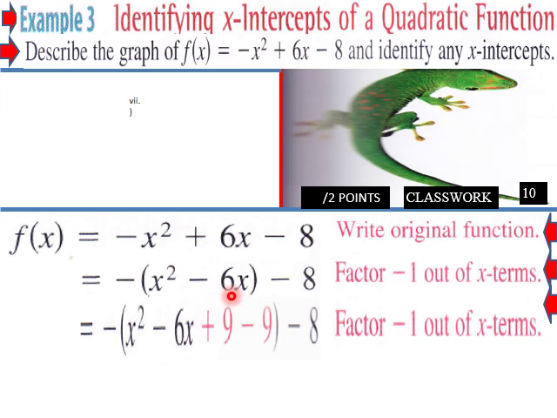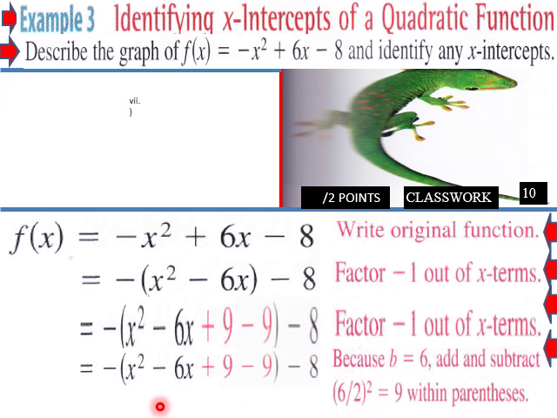So when we have a negative 6 and square it, we get 9. And then we subtract it as well. Factor out negative 1 out of the x terms. Okay, so we still have this here, negative 8. And then because b equals 6, add and subtract, so we did that here. 9, negative 9.